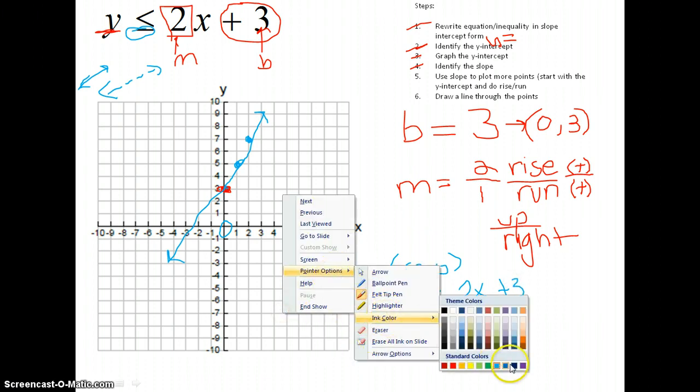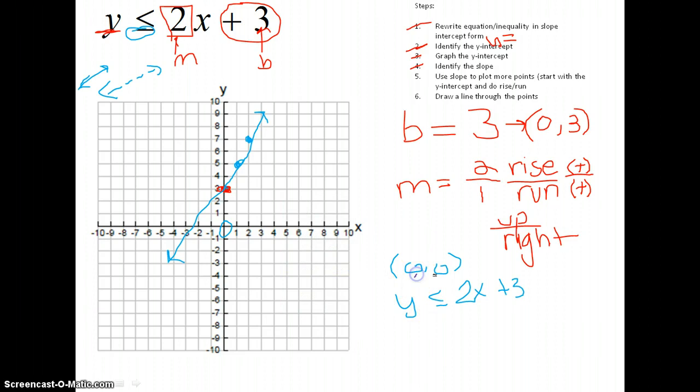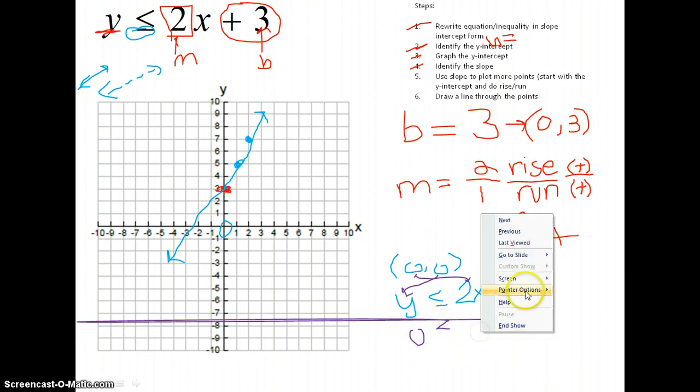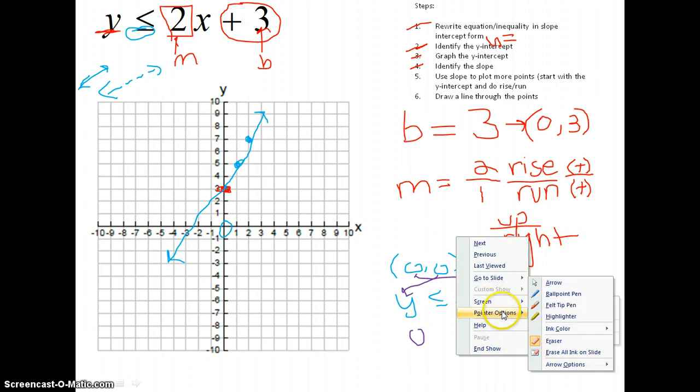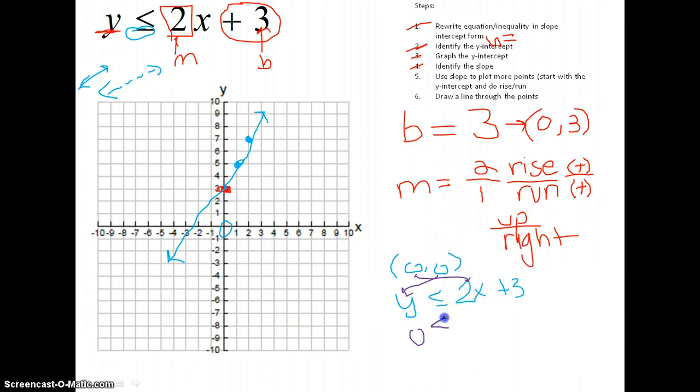I'm going to put in 0 for y and 0 for x. So I have 0 is less than or equal to 2 times 0 plus 3.